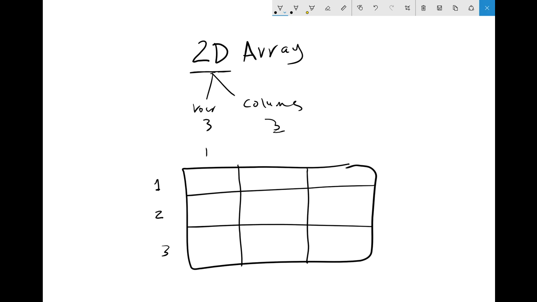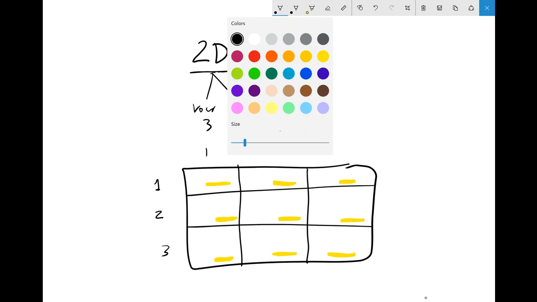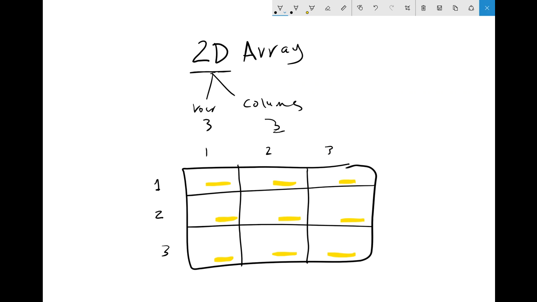But the most important point here is how every cell will be indexed. That means this cell, this cell, and these cells. How will these cells be indexed inside the array? The indexing should start from the first cell, which is represented by this row in the array.